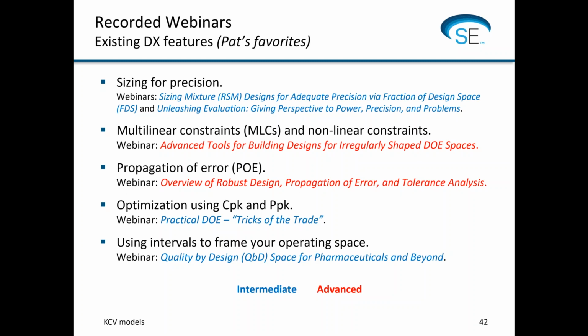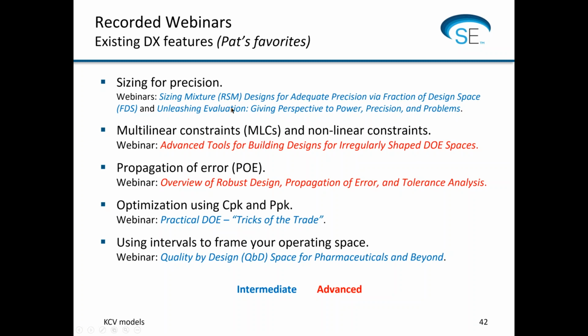So sizing for precision is a tool that works. There's actually 2 webinars we've done. So I listed them both, the size mixture, RSM designs for adequate precision, and unleashing evaluation. So this includes sizing for precision along with some other tools used to evaluate design. So there's a couple of webinars there.